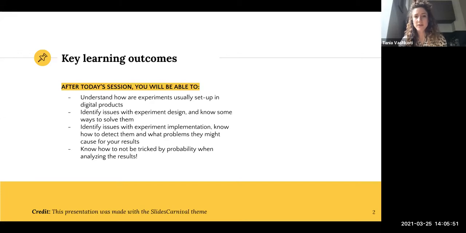Also, I'll talk briefly about how to design experiments when we have little traffic, so small sample sizes. Then we'll identify some issues with experiment implementation and also analysis, but also know how to detect them and what problems they might cause for the result. And kind of an overarching theme is how to not be tricked by probability when analyzing the results of your data.